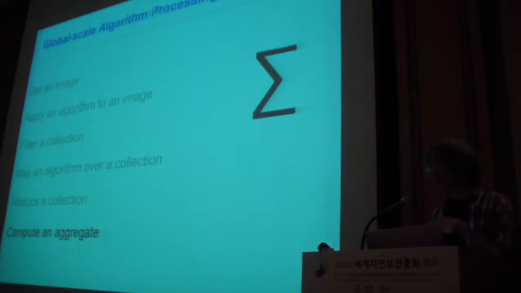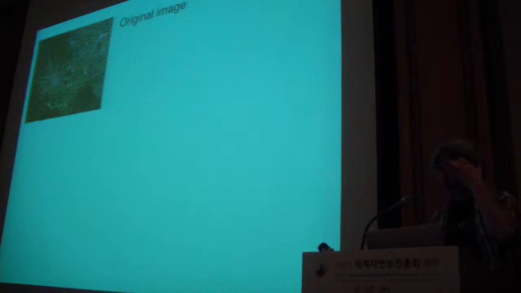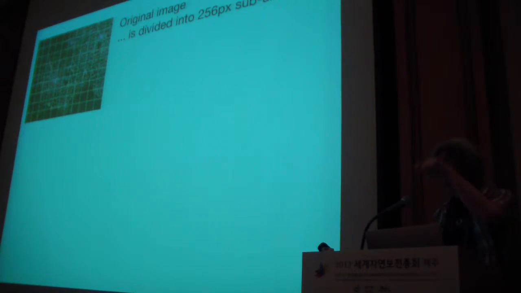One interesting thing about running the algorithms is all the algorithms are parallelized to run over a lot of computers in the Google cluster, which means that we can do lots of analyses pretty quickly. So the way that works is you take an image, and you want to run an algorithm over this image. We take that image and we divide it up into little bits.